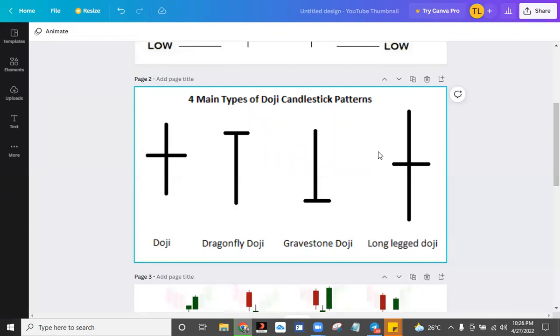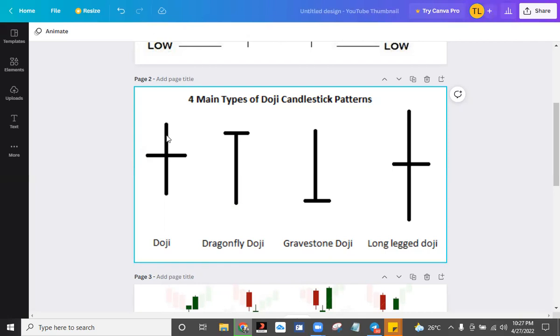Why is it a rejection? Because the bulls pushed up to a certain level, the bears rejected it. The bears pushed down to a certain level, the bulls rejected it. That's why we call it a rejection candlestick, or indecision.